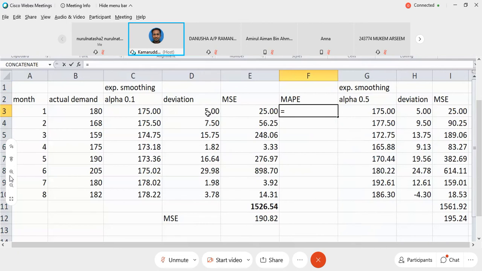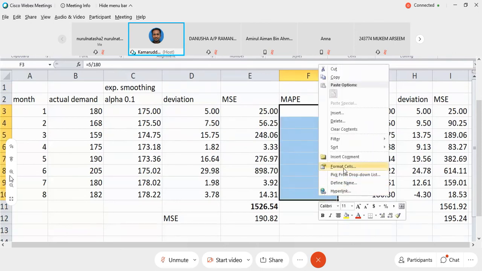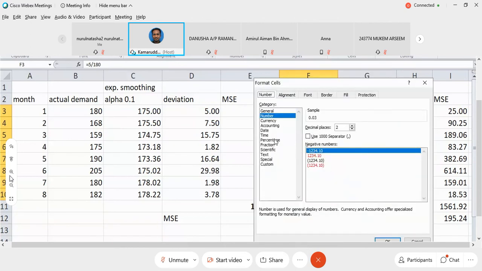So this error 5 divided by actual demand 180, and we convert it to the percentage value.